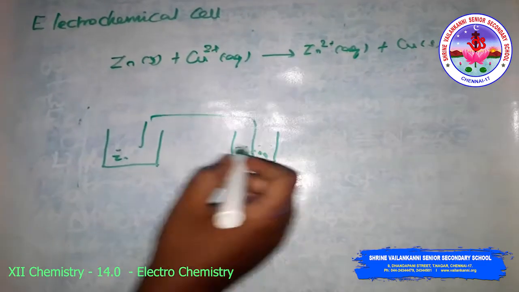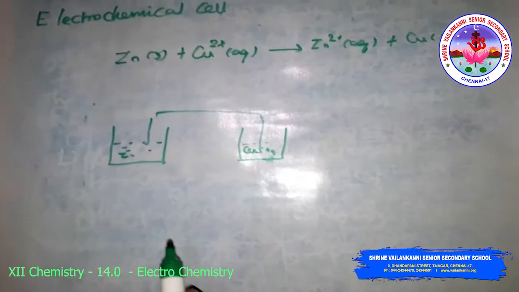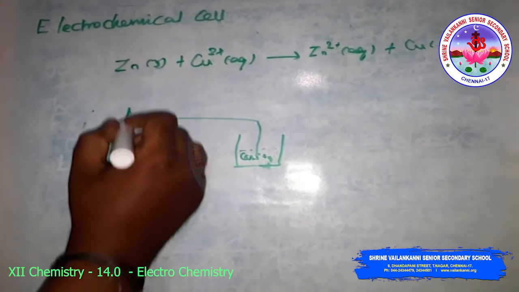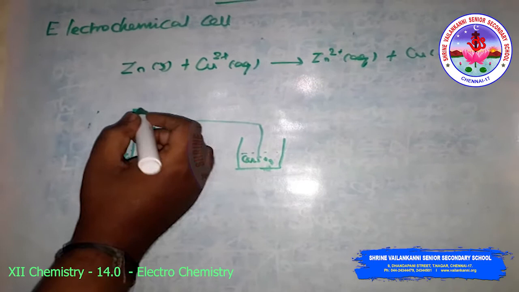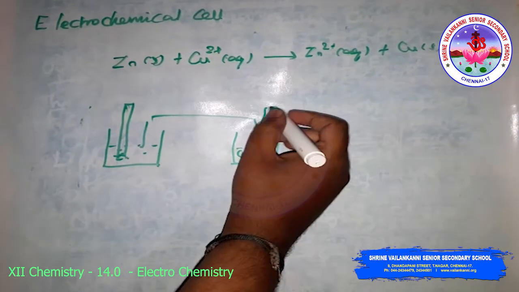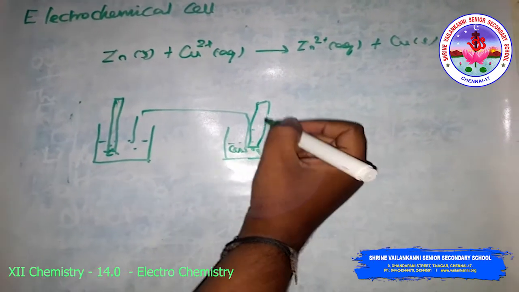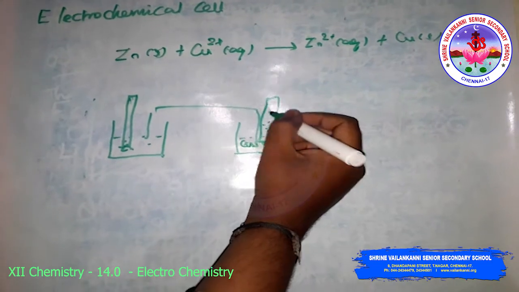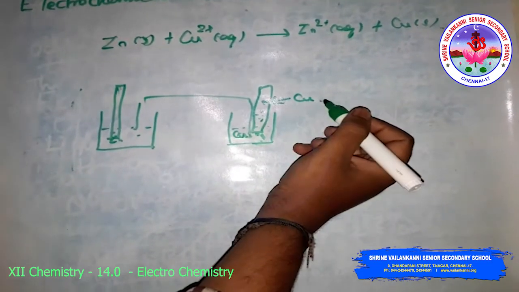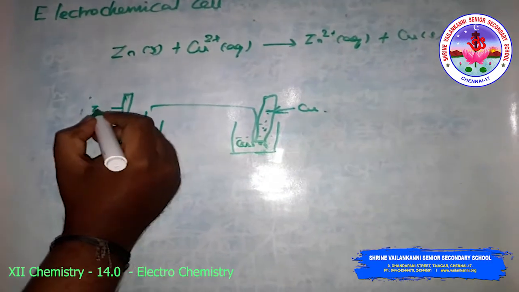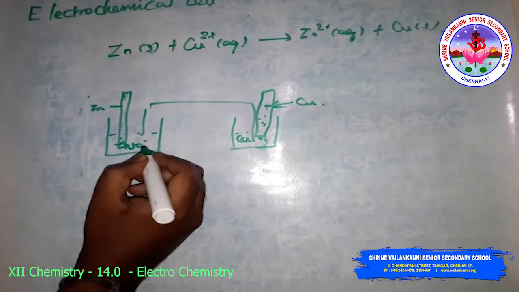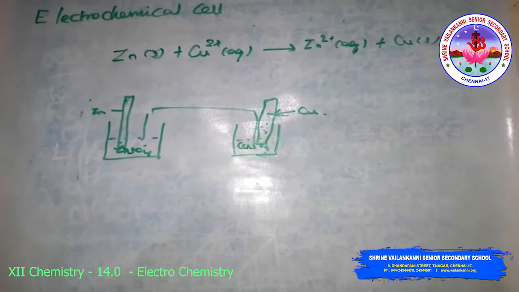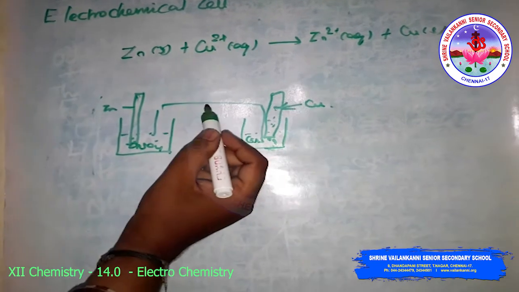The salt bridge. So this is a zinc electrode, and this is a copper electrode. Copper is deposited here, and zinc is deposited here. So this is the zinc sulfate and this is the copper sulfate solution. This is the salt bridge.